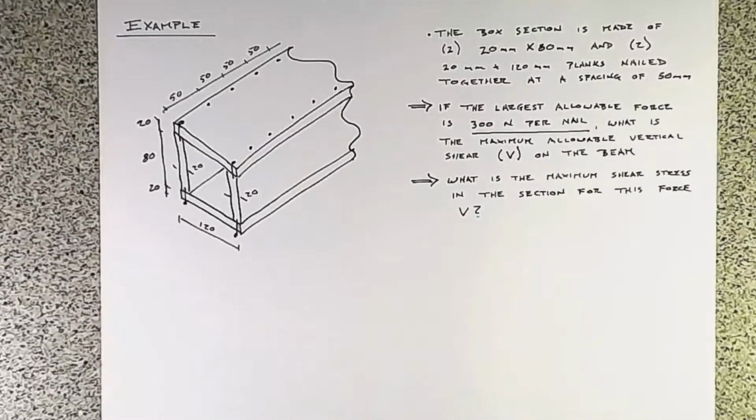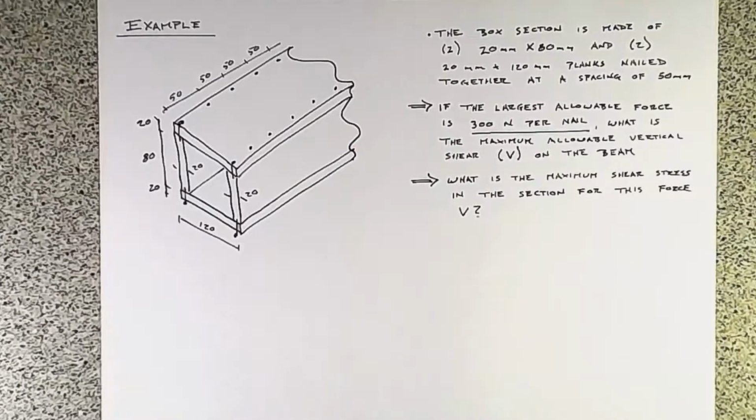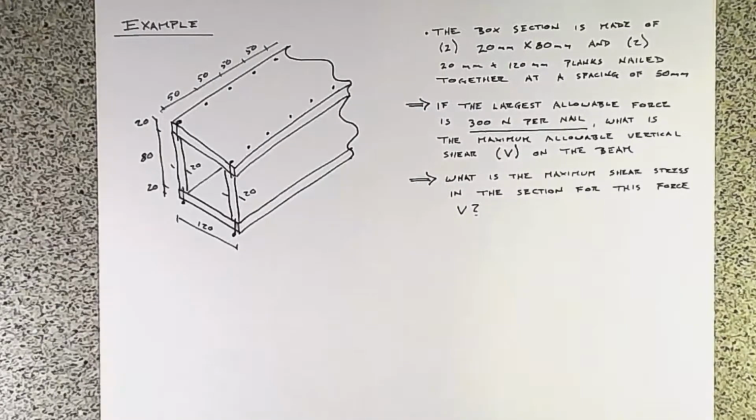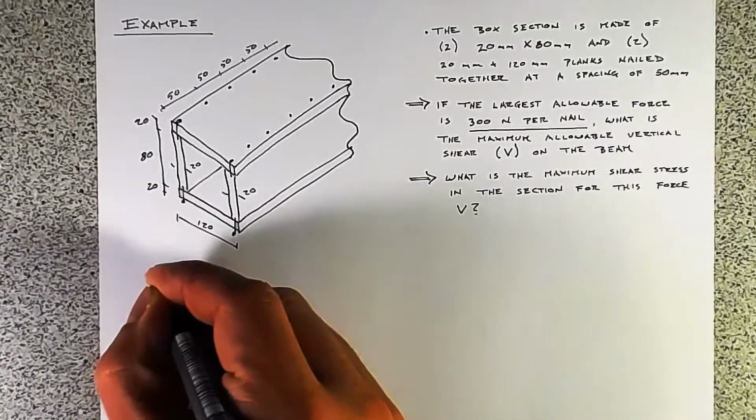Then we used that shear flow and the nail spacing to determine how much shear load was applied per nail. With this one, we're working backwards. We know how much shear force each nail can take, and we are going to back out what our applied shear is. So we'll get started.